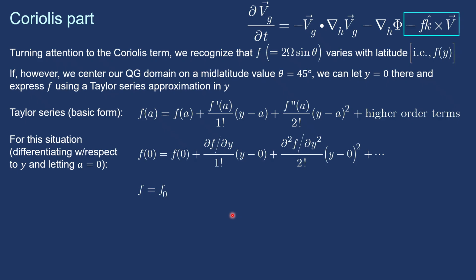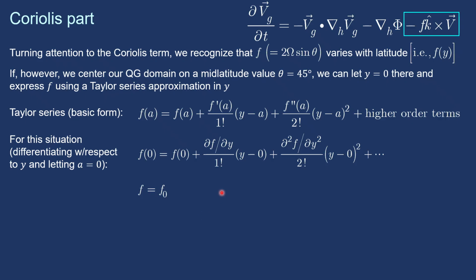First of all, f at 0 we write as f naught. So our f value that we are computing at 45 degrees latitude is going to take the special symbol f naught. This is our base value for the Coriolis parameter centered at 45 degrees.